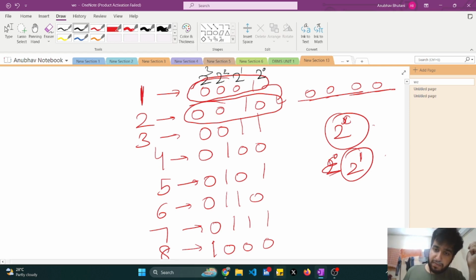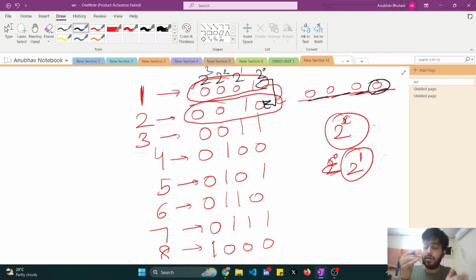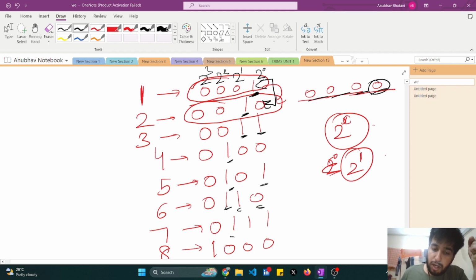If I do the AND of these both, I'll surely get 0, because as you can see, the number gets filled from the right hand side. First this digit becomes full, then this, then both of these, and so on. This digit would be formed only when all the other digits are full.